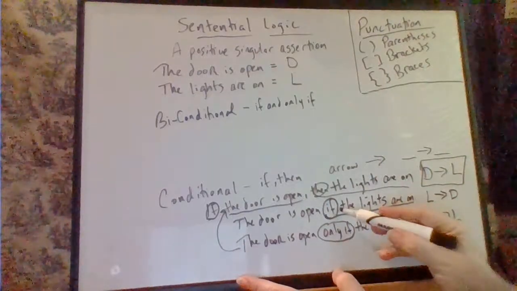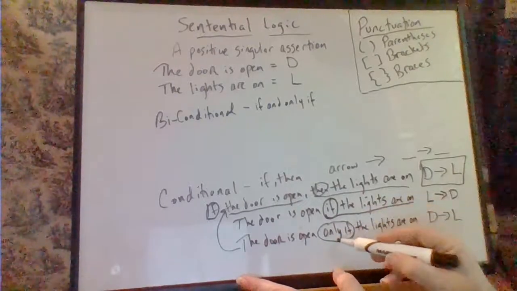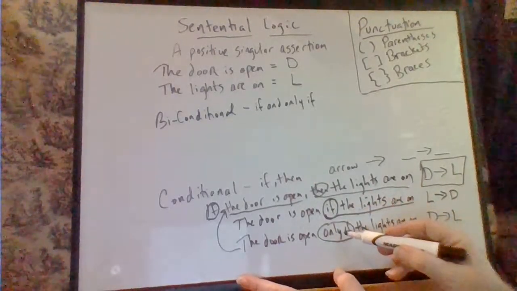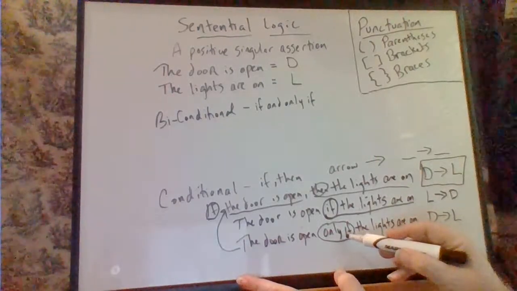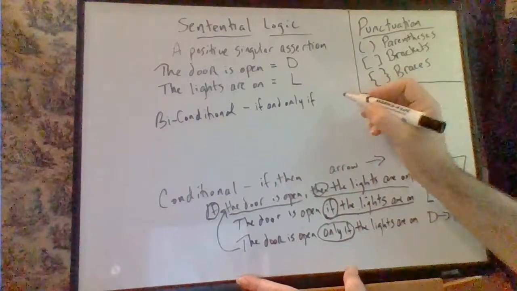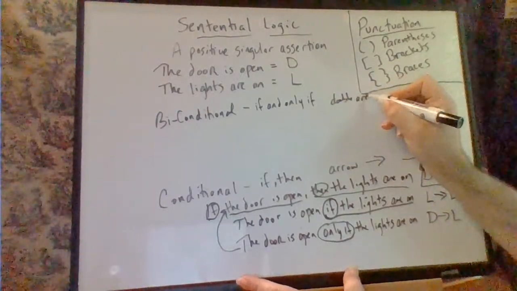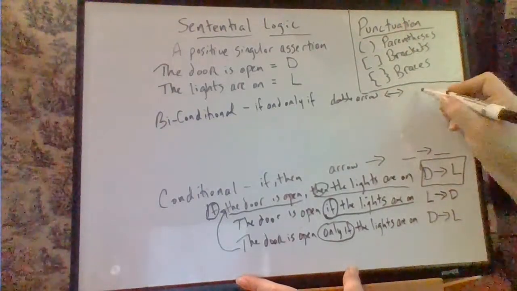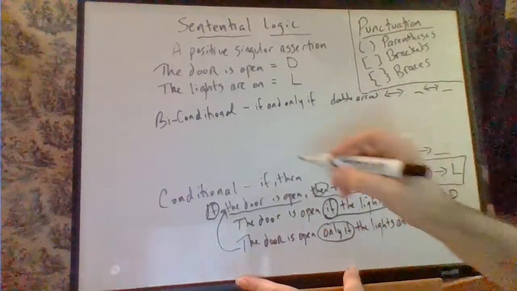Again, it's combining together both possibilities, right? Again, if leads to the antecedent, only if leads to the consequent. So if I say if and only if, it means that the conditional works both directions. Okay? And the symbol here is a double arrow. Like that. And again, it would come between the two statements.